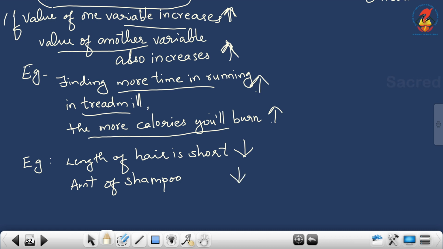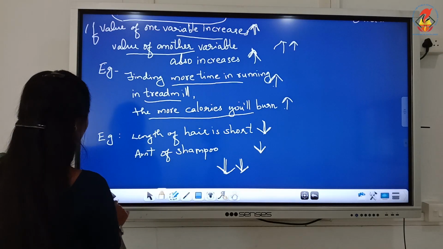So in this case both the variables are decreasing. You have short hair, the length of hair is less, then the amount of shampoo used is also less. So this is also positive correlation: if one variable increases, the other variable also increases, and if one variable decreases, the other variable also decreases.